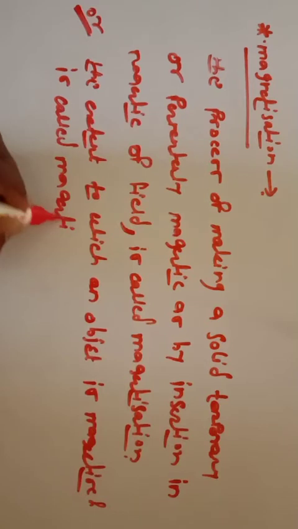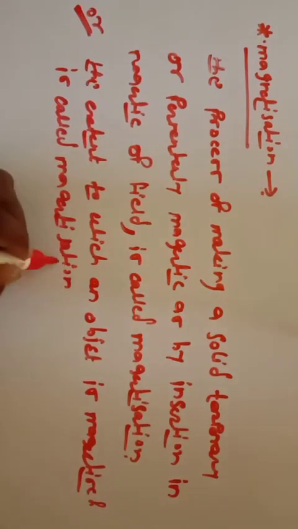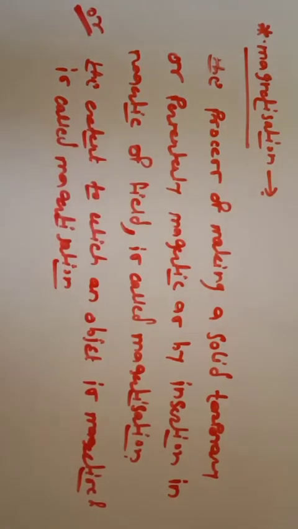So how much magnetic lines of force pass through this material is called magnetization. Or the process of making a solid temporarily or permanently magnetic by the application of external magnetic field is called magnetization. Or it is defined as the magnetic dipole moment induced per unit volume of the material.